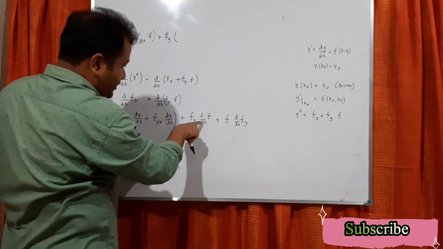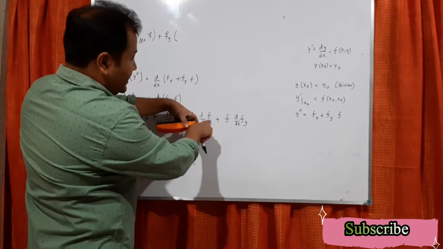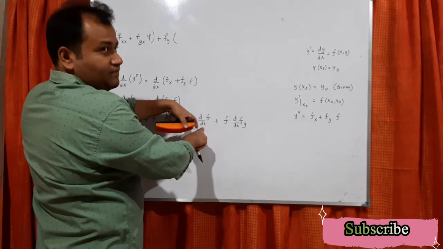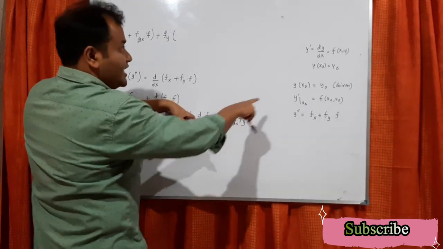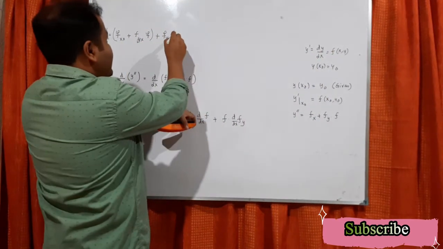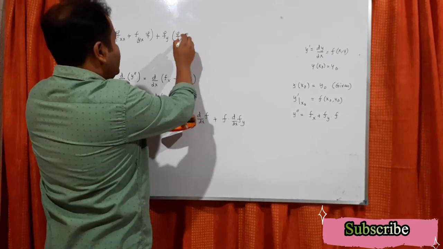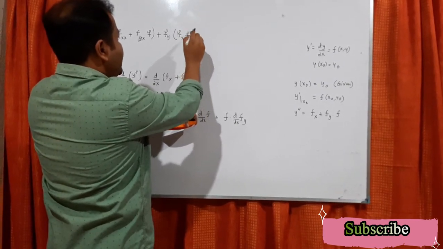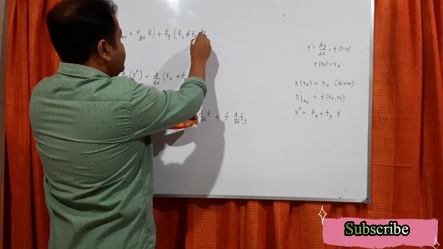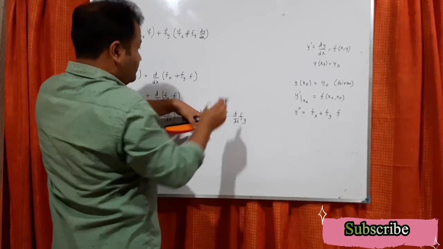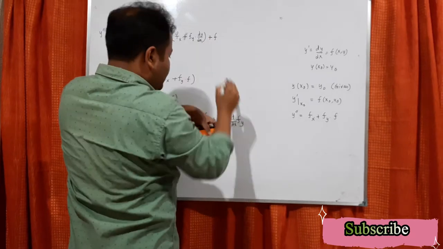Plus, look into the second term, f_y. Now within the bracket, what will happen? We have to take the derivative with respect to x, but f should have x and y both. So again it should be f_x into dx dx, that is 1, plus f_y into dy dx, plus f is constant.